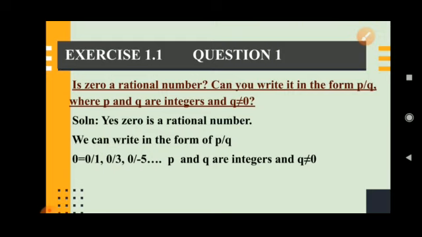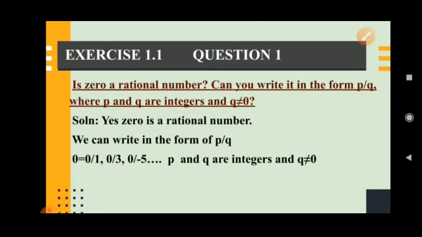They are asking, is 0 a rational number? Can you write it in the form of p by q, where p and q are integers and q is not equal to 0? As you all know, if it is a rational number, we can express it in the form of p by q, where p and q are integers and q is not equal to 0.